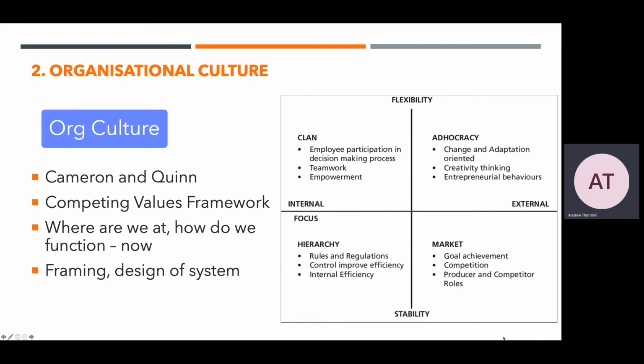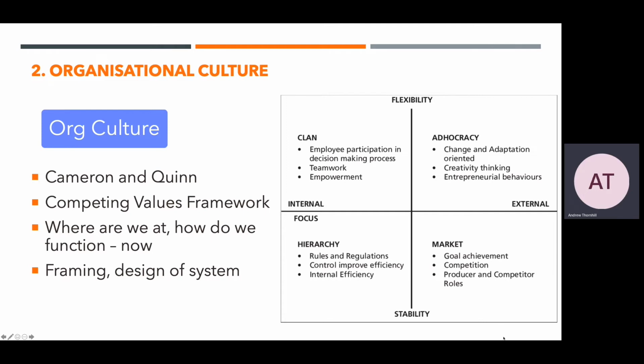Other authors, Cameron and Quinn, introduced the competing values framework. It's a great little tool to help us identify where we're at now as an organisation, what our focus is, how we function, and give insight into our current culture right now. That can be important in the framing and communication we use when we're developing our system and trying to educate others as to what it's about.